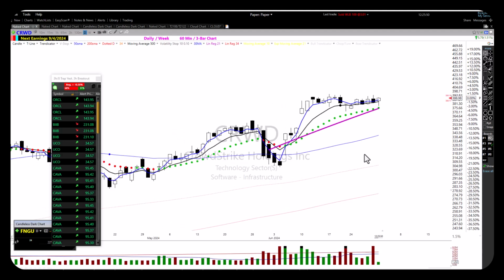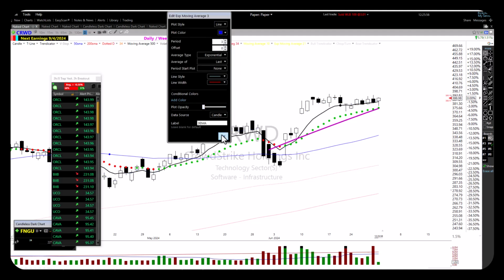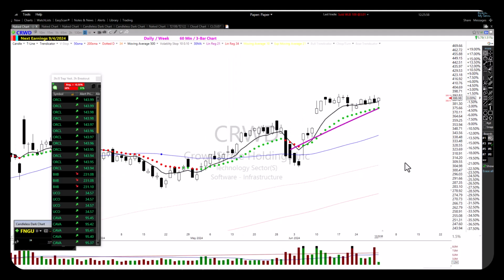In the meantime, take a look at crowd. Let's get rid of this line right here. There we go. We'll get crowd setting up for you crowd traders. You know, let's talk about this.